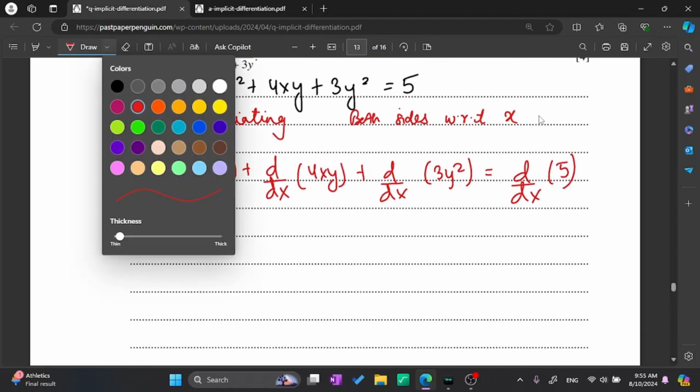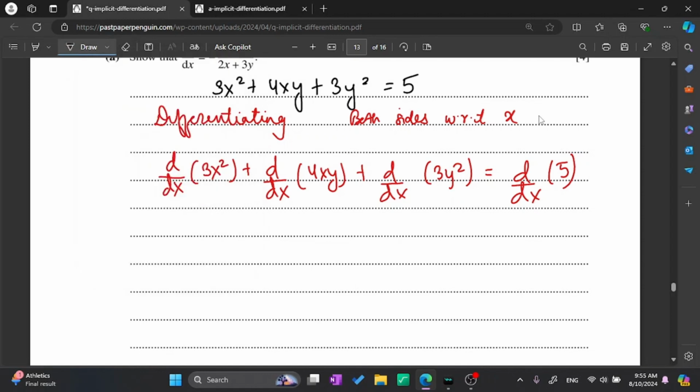We can say that the derivative of a constant, the derivative of 5, is 0. The derivative of 3x squared is 3 times 2x, because we do not need to differentiate 3. We only need to differentiate x squared, which is 2x.